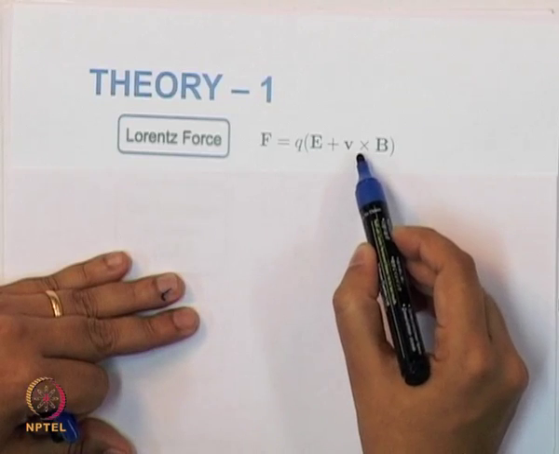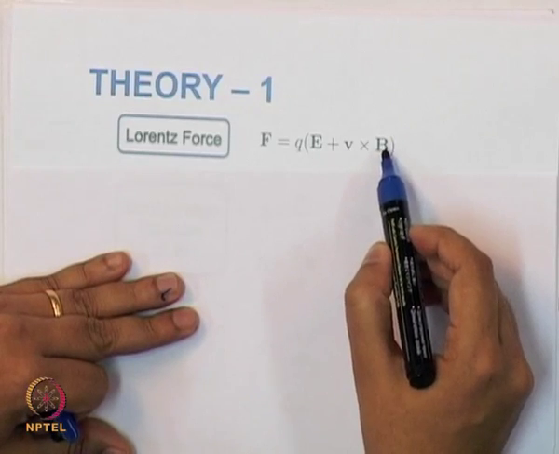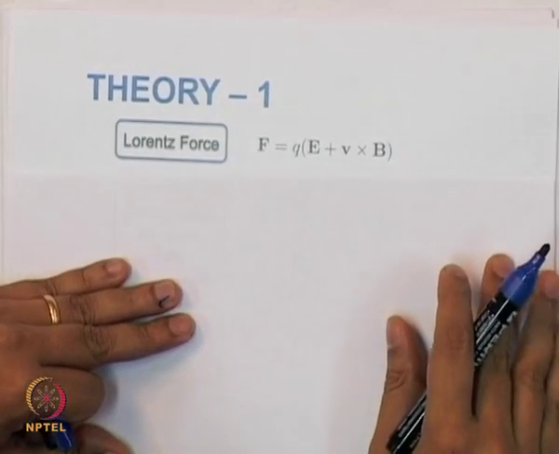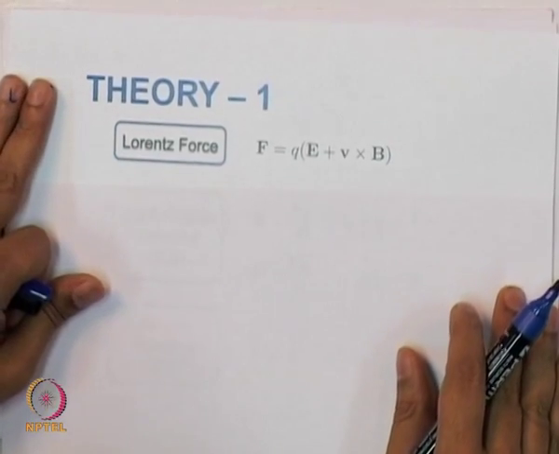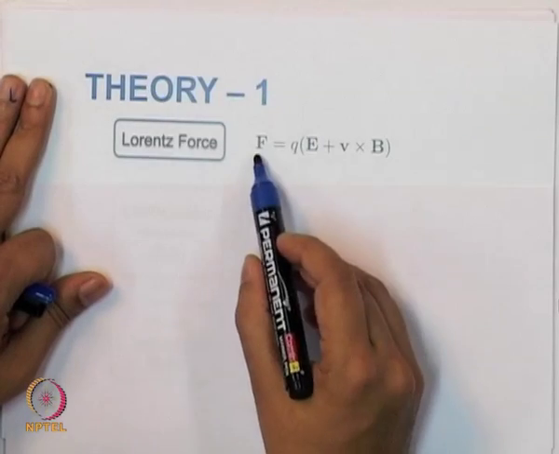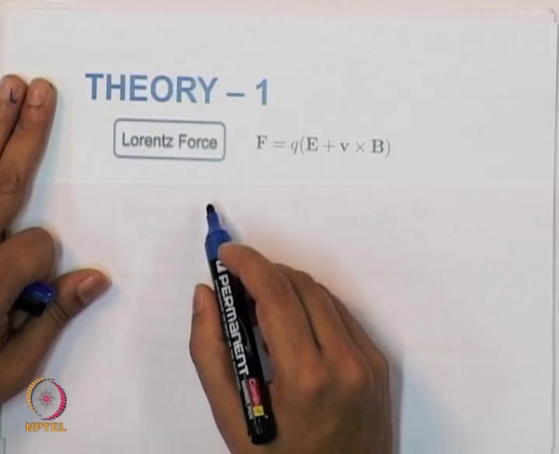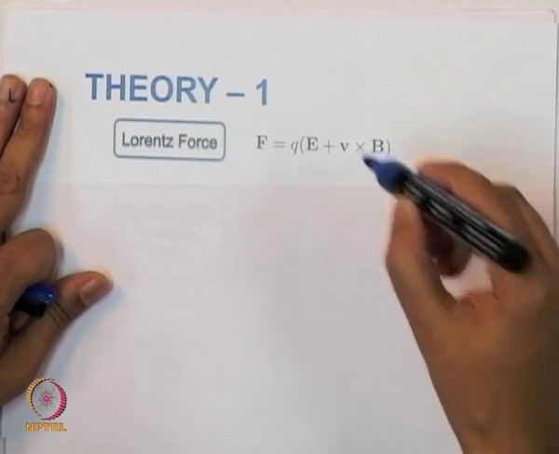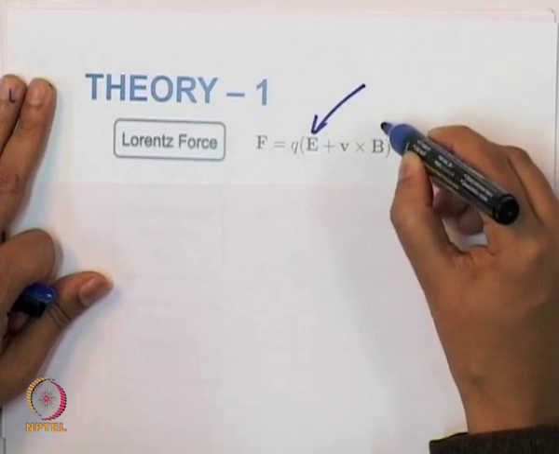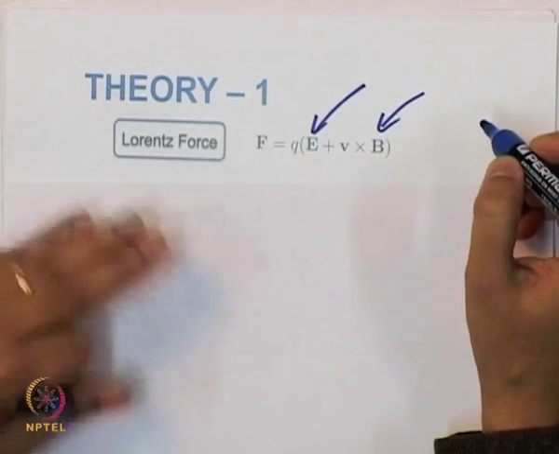If it is a moving charge, then we also have a magnetic force. In the case where we have both, the total force will be given by the electric force plus the magnetic force. But there is something specific about this equation, what we call the electric field and the magnetic field.